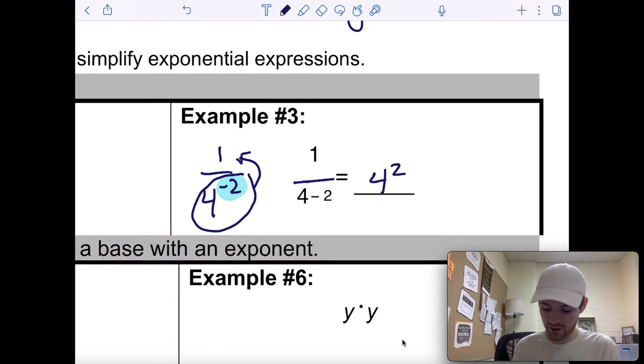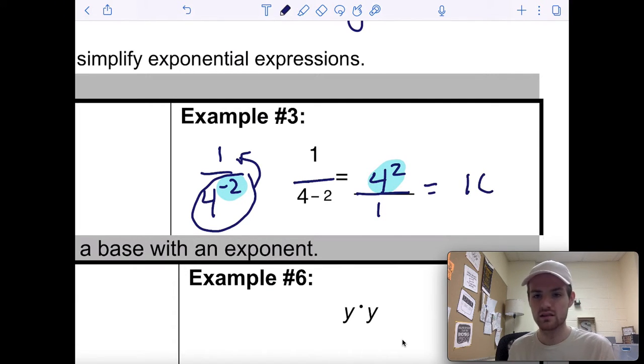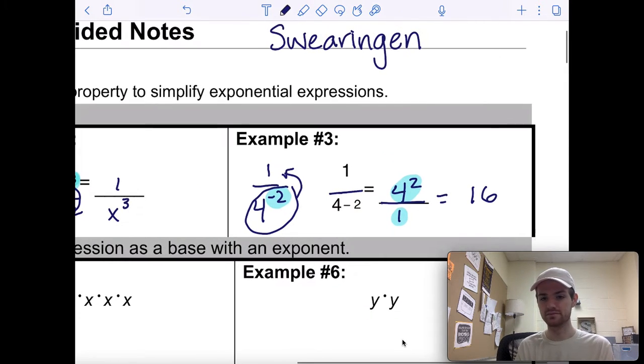If it's helpful for you to see it as a fraction over 1, then you can write that in. But then we're going to simplify it. When we have a number base, we want to do that calculation. 4 squared, 4 times 4 is 16. And because this is divided by 1, it's extra, we won't write that. So our answer here is 16.